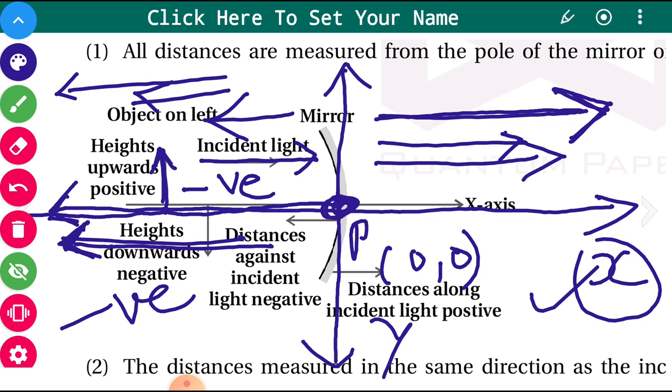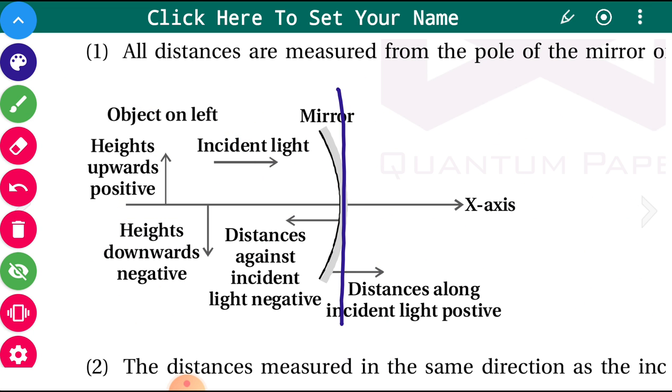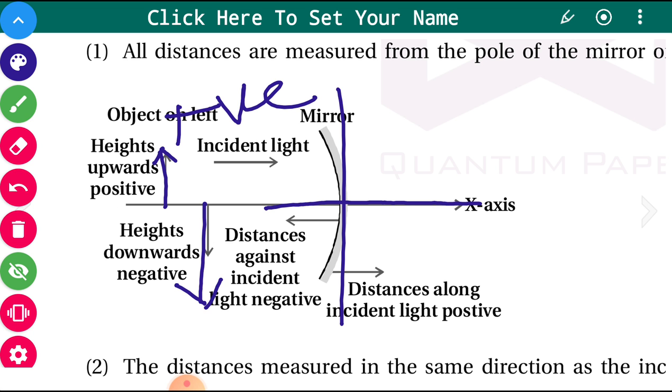Now the next part, if the object is somewhere here and you are measuring its height, then if it is in the upward direction of the principal axis, this height is taken to be positive. If the height is measured in the downward direction of the principal axis, then this height is taken negative.